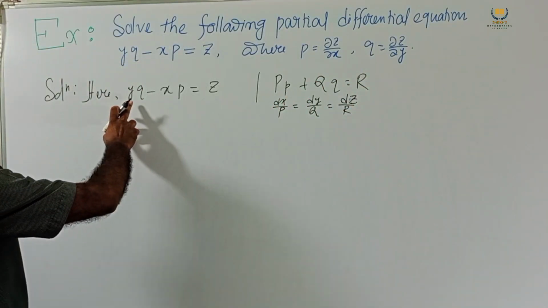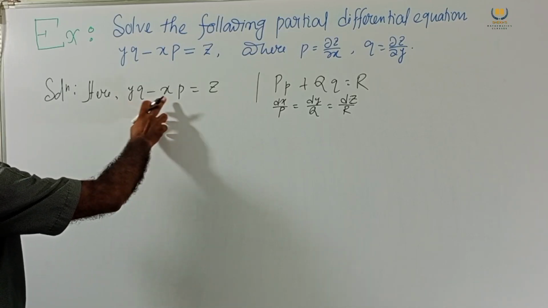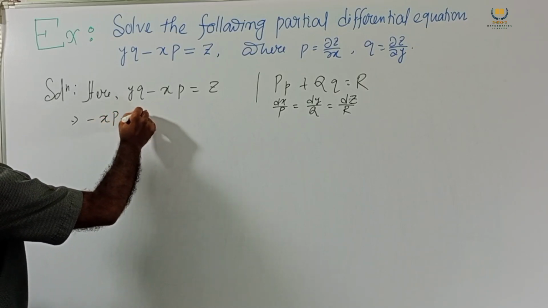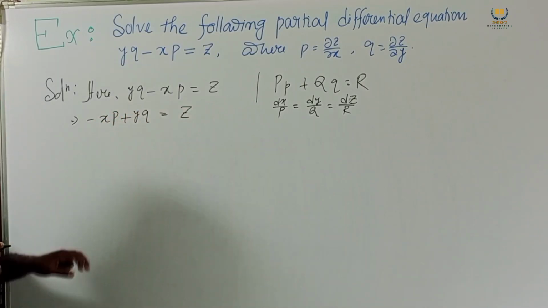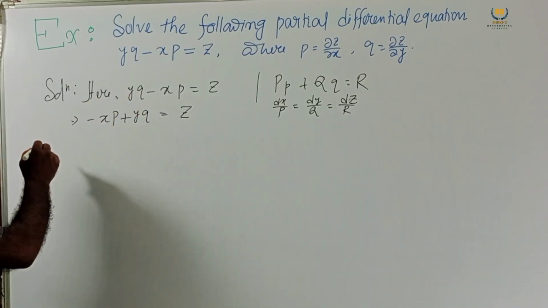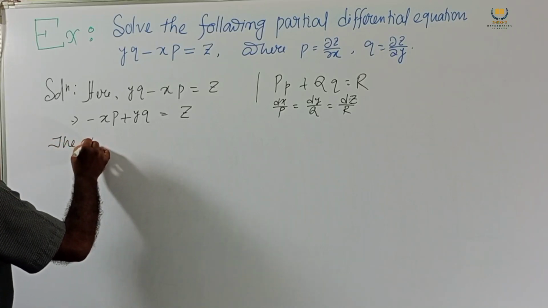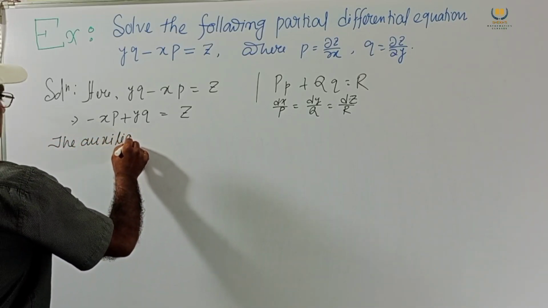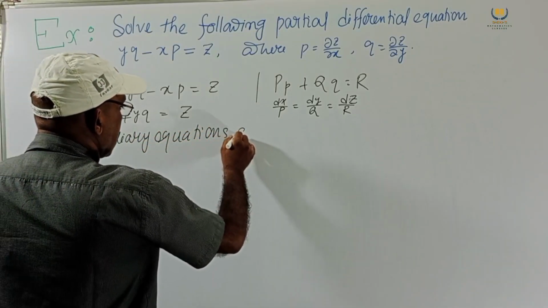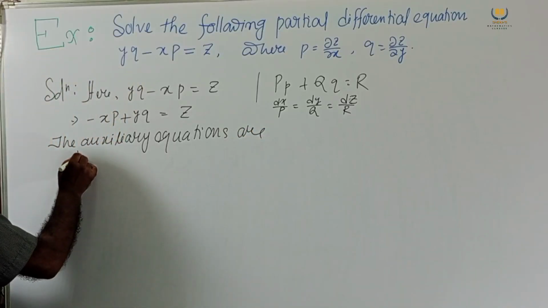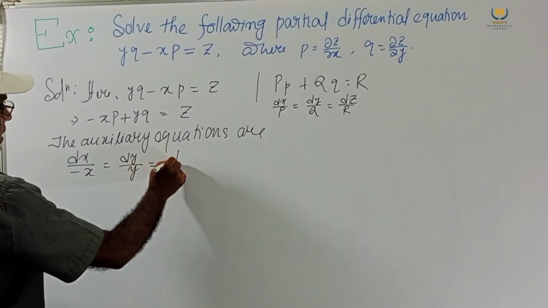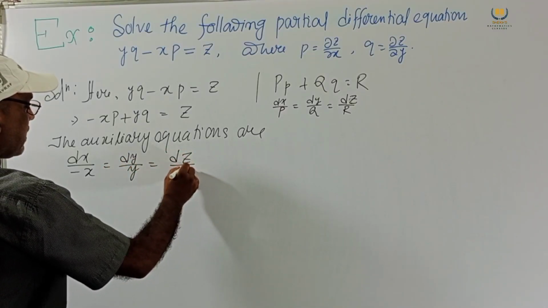So here we can write −xp + yq = z. This −x is capital P, y is Q, and this is R. The auxiliary equations are dx/(−x) = dy/y = dz/z.